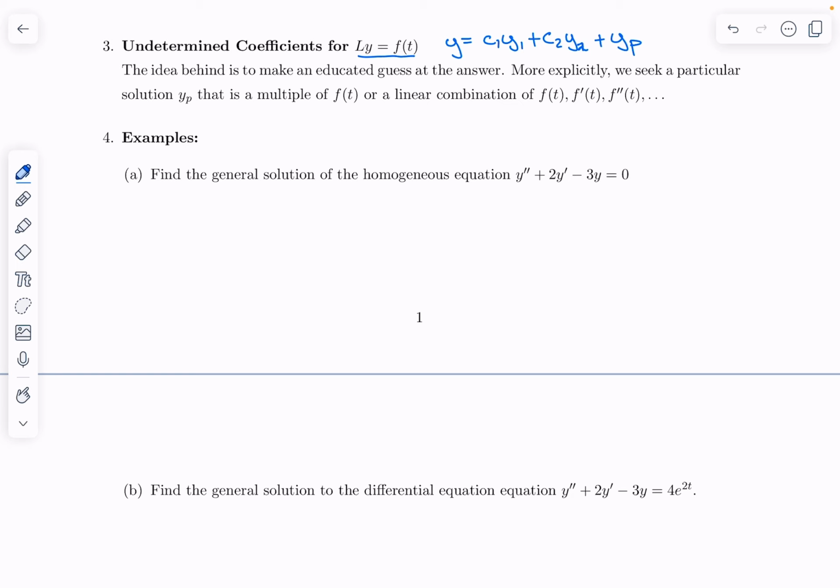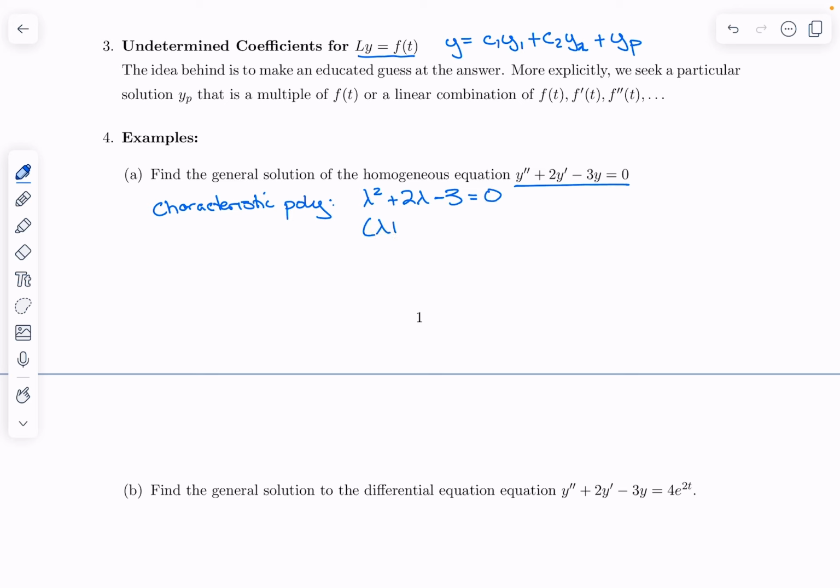So we're going to start with a homogeneous differential equation, y double prime plus 2y prime minus 3y is equal to 0. Now, there's a characteristic polynomial that corresponds to this homogeneous differential equation, and that characteristic polynomial is lambda squared plus 2 lambda minus 3 is equal to 0.